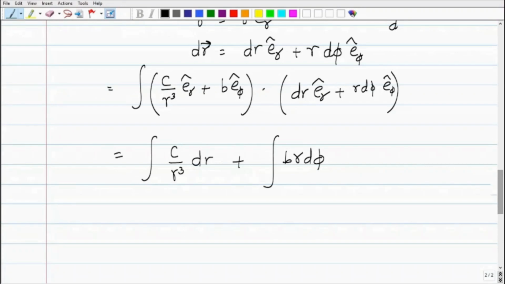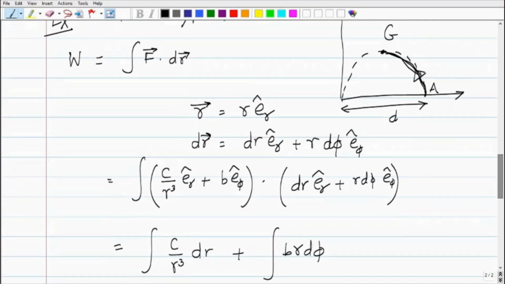And we have to go from A to G. You can see here the 2 points. This is point G and this is point A.